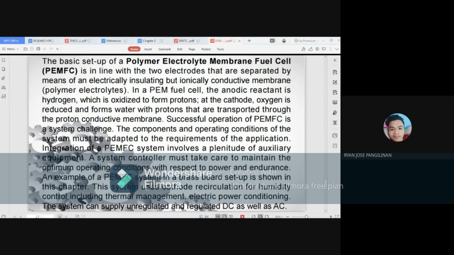An example of a PEMFC is in a brass board setup. This system uses cathode recirculation for humidity control, including thermal management and electric power conditioning. So the system can apply under unregulated and regulated DC as well as AC.